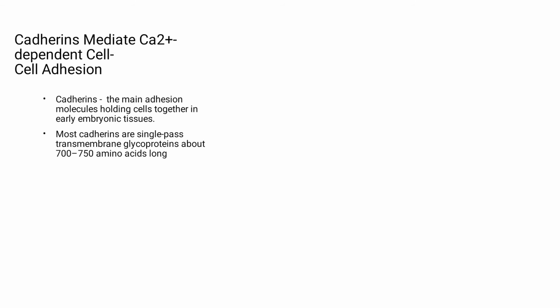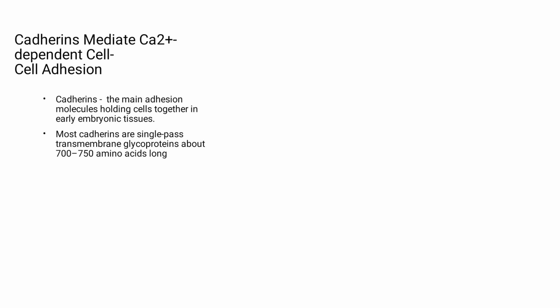Also, cadherins are expressed in both invertebrates and vertebrates. Virtually all vertebrate cells seem to express one or more cadherins according to the cell type. They are the main adhesion molecules holding cells together in early embryonic tissues.